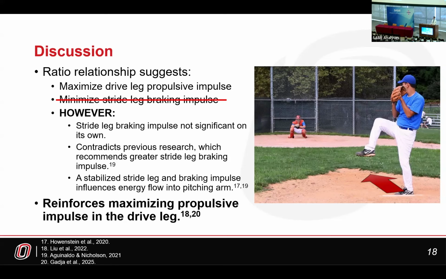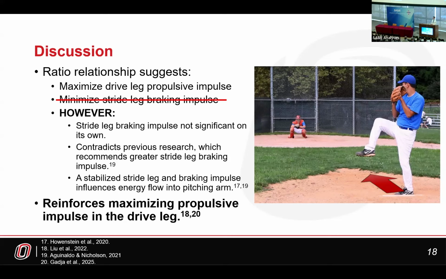And so if we minimize that, that could actually be detrimental to the pitching mechanics and pitching velocity, as it would impact your ability to rotate and things of that nature. And so for that reason, I recommended not minimizing stride leg braking impulse, but really focusing on and reinforcing the idea of maximizing drive leg propulsive impulse.